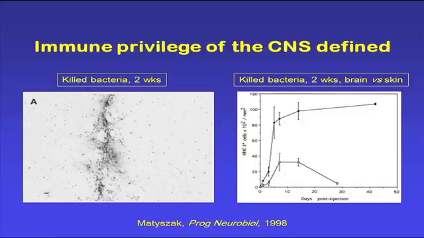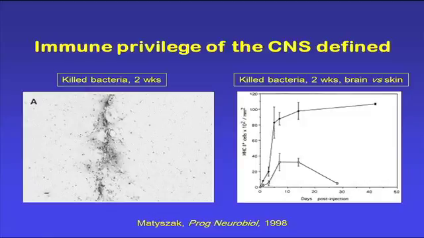If you look at the top line, you see the response in the skin. And what we mean by response here is the accumulation of inflammatory cells along the injection site. What you see is large numbers of cells accumulating, and that their presence at the injection site lasts for at least 6 weeks. It's an incredibly vigorous response.